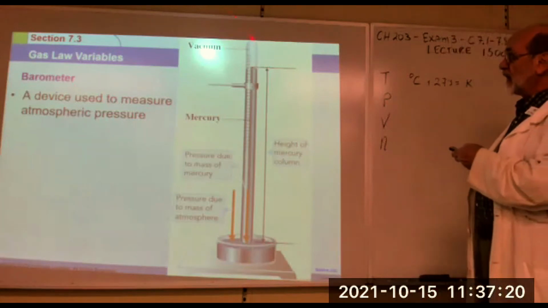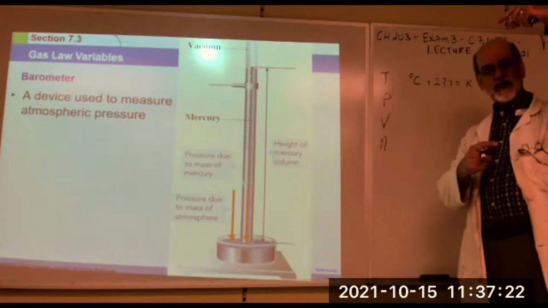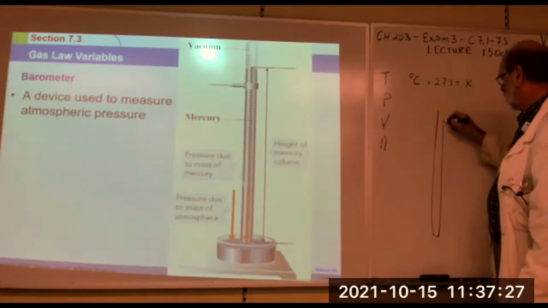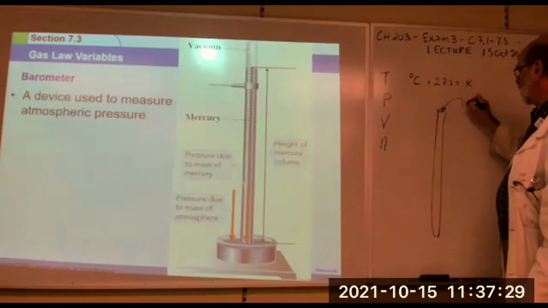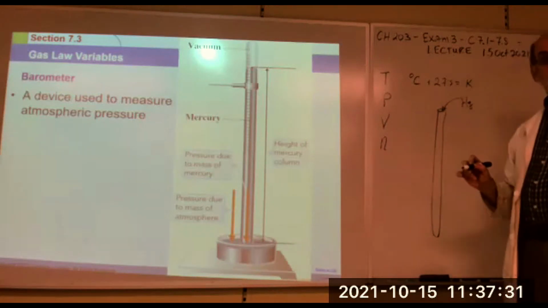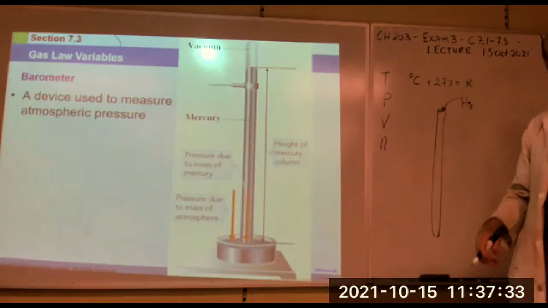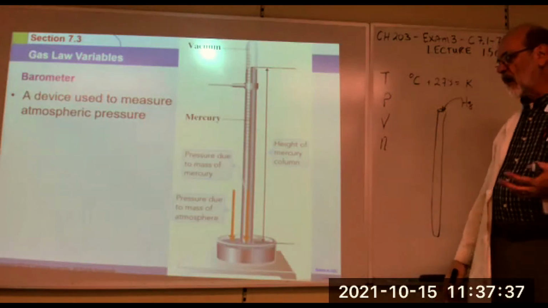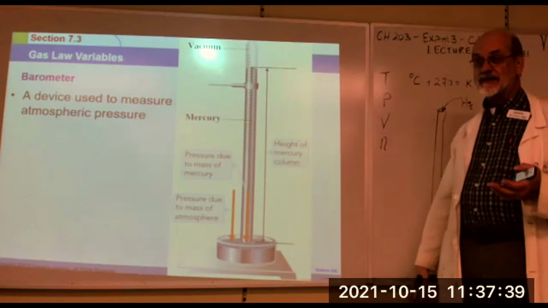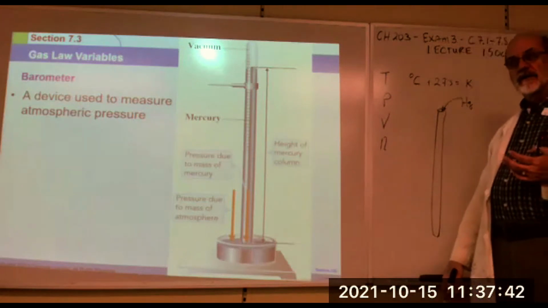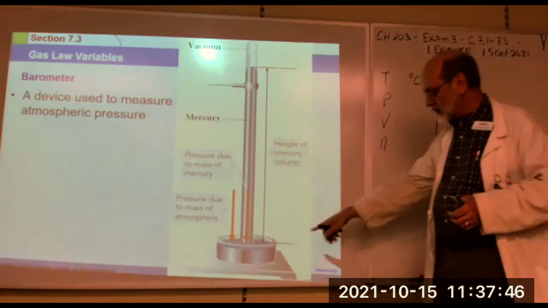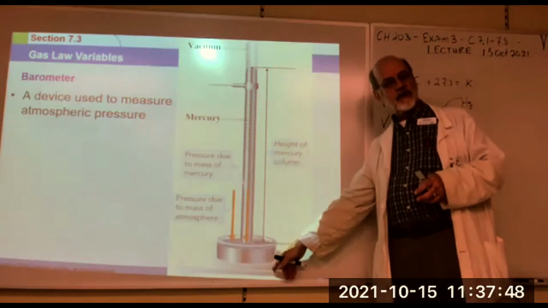So they just closed off one end and filled it with mercury. So I have open end up here, like this. And he just filled it with mercury. Why did he use mercury? Well, he thought about using water, but he soon figured that if he used water, or maybe he even tried it, if he used water as his measuring medium, the atmospheric pressure would support a column of water 33 feet high.